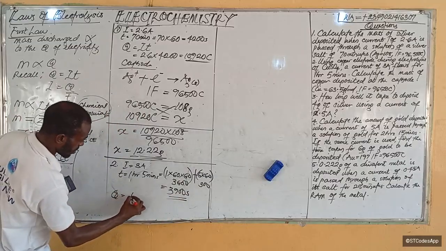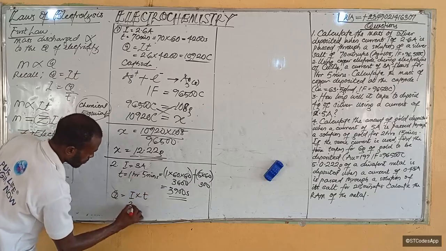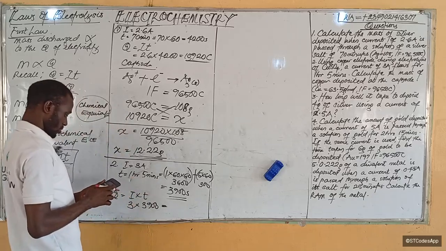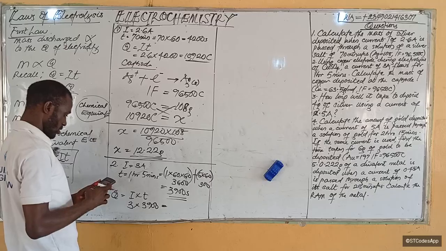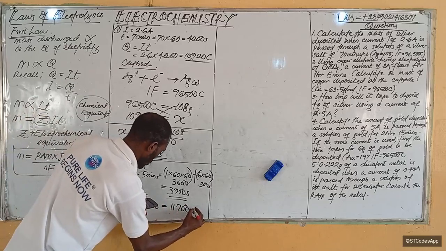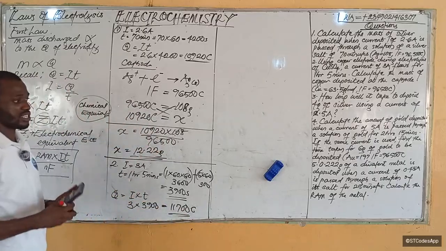So the quantity of electricity passed, therefore, becomes I times T, which is 3 times 3,900, equals 11700 coulomb. This is the quantity of electricity that is passed.